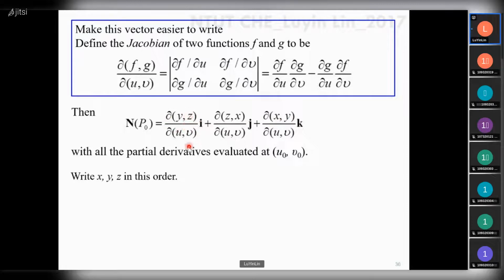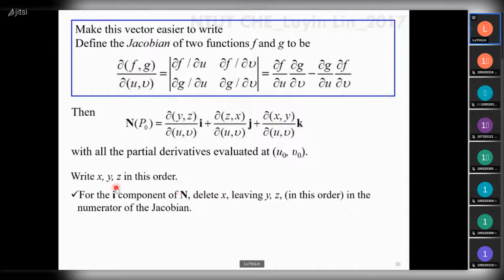For the direction of x, there is yz. For the direction of y, there is zx. For the direction of z, there is xy. So you can write x, y, z in this order.